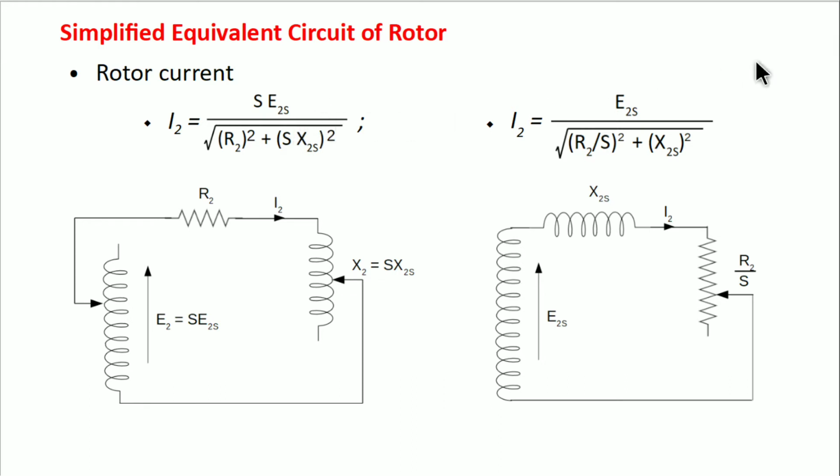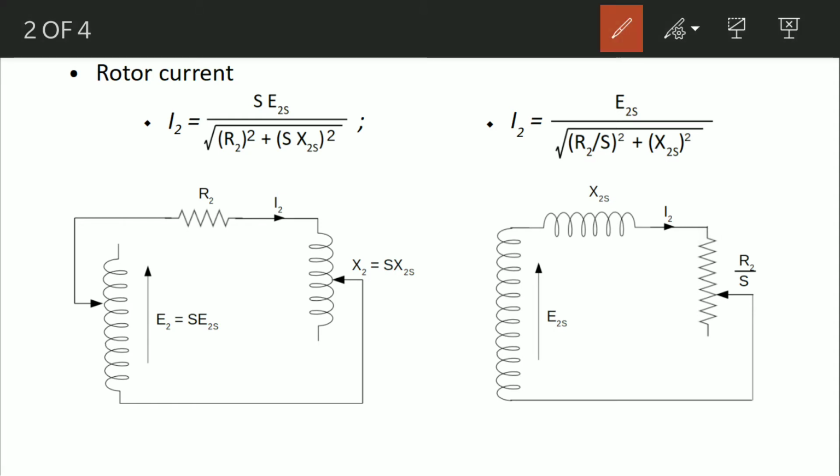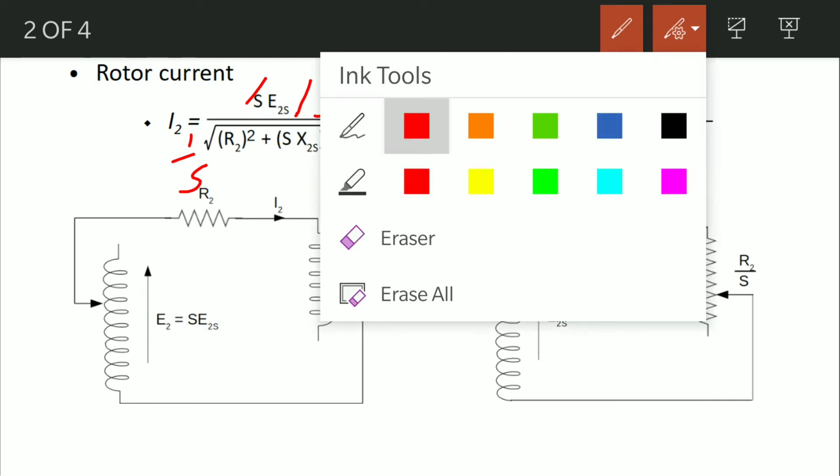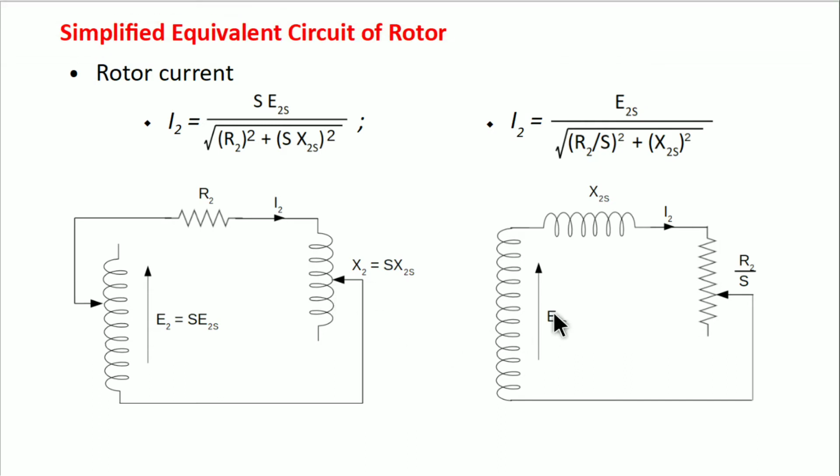Dividing the numerator by slip S, here it is. Dividing this by slip, S cancels out, leaving E2S, and dividing this by S means R2 over S. If we write it inside the square root, it will be R2 over S whole square plus X2S square, since S square cancels with this S. So this equation becomes I2 is equal to E2S divided by the square root of (R2 over S) whole square plus X2S square.